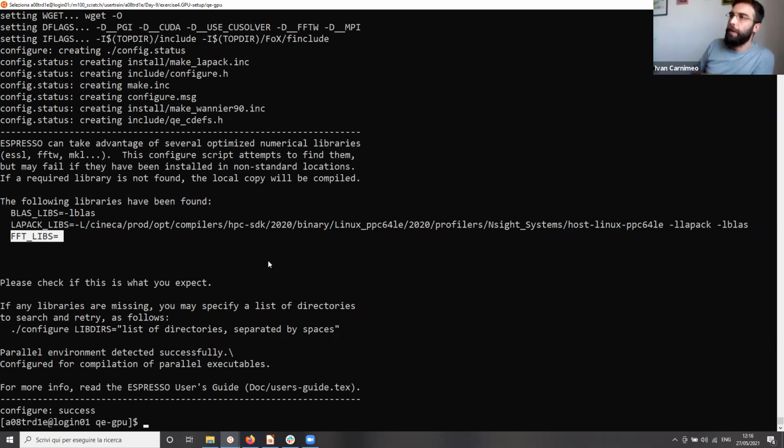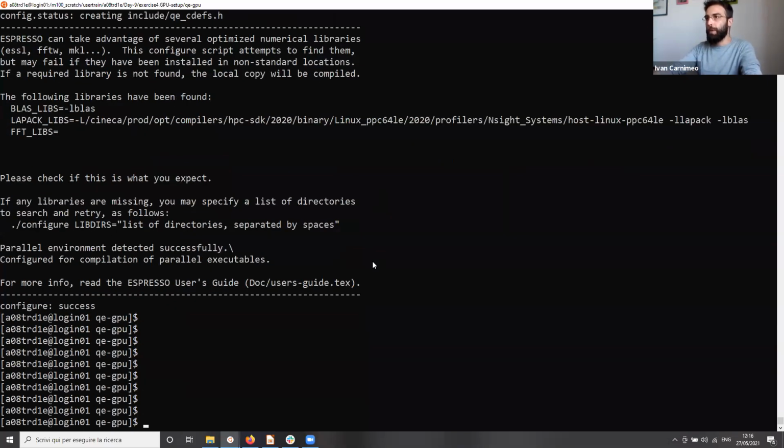So the FFTW3 has been overwritten by the fact that NVFortran has its own version of FFT libraries. Indeed, the FFTW3 in this case does not appear here because we will be using libraries for GPU now, and they are internal for NVFortran, and so that's why they are not recognized here.